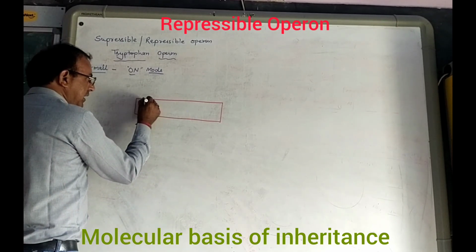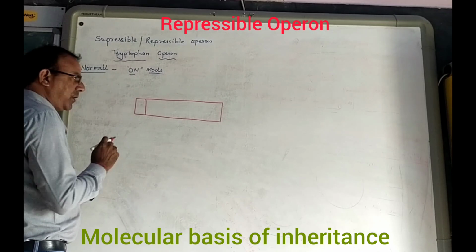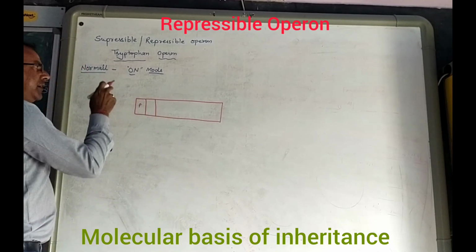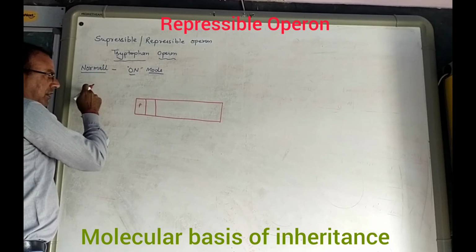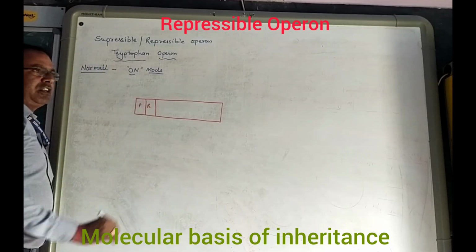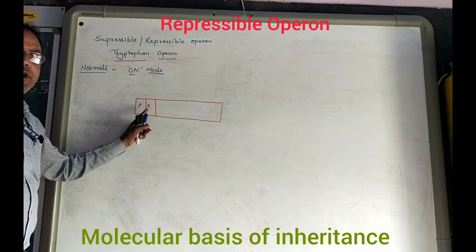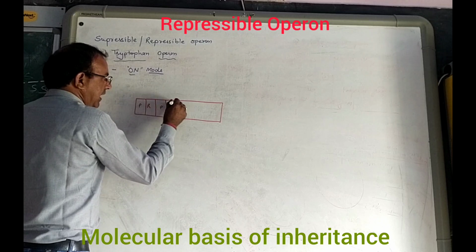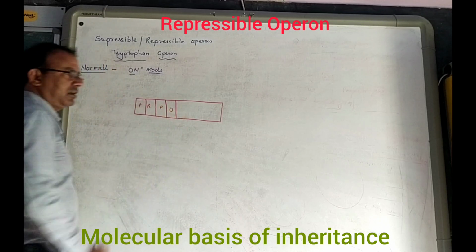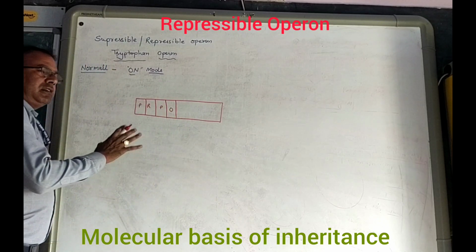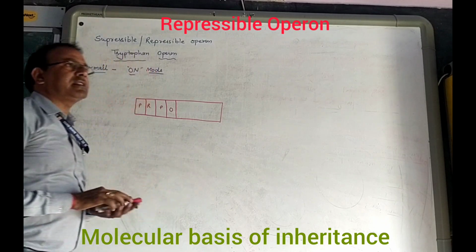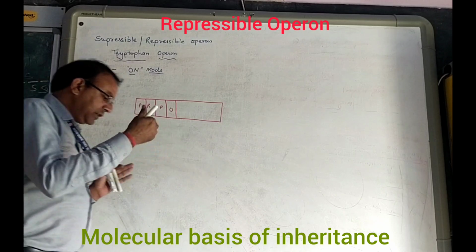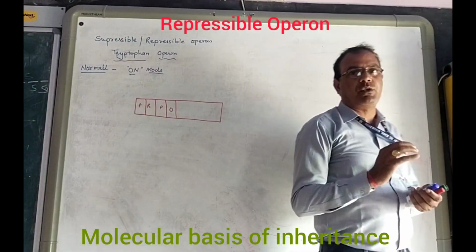The regulatory gene, just like in the lac operon, is followed by the promoter, but in place of inducible I, here the regulatory gene is the repressible gene R. Again promoter and then operator. The cell needs tryptophan to grow.